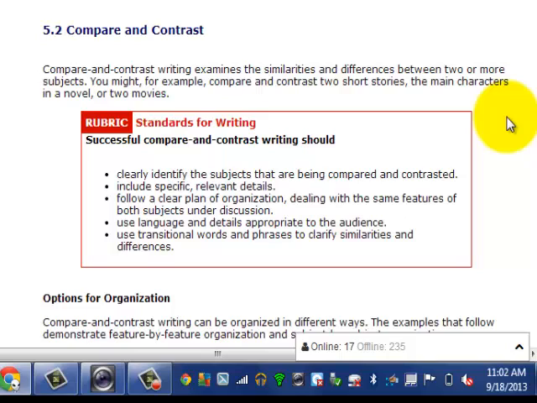Next, use language and details appropriate to the audience. Now, I am your audience. Please make sure that you use the terminology that was discussed in your WSQ notes for your Ethics 101 notes. Next, use transition words and phrases to clarify similarities and differences.